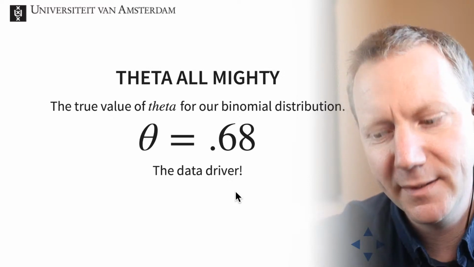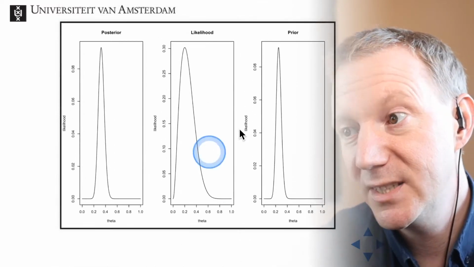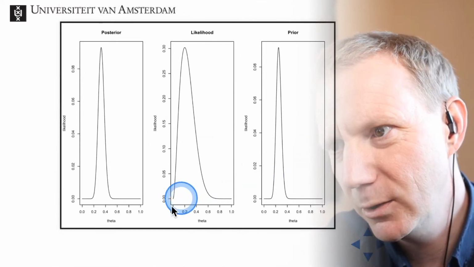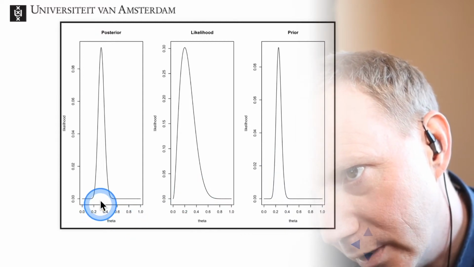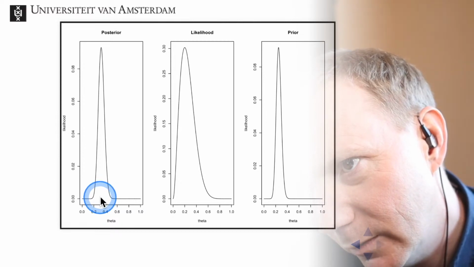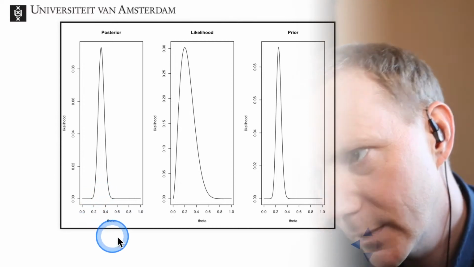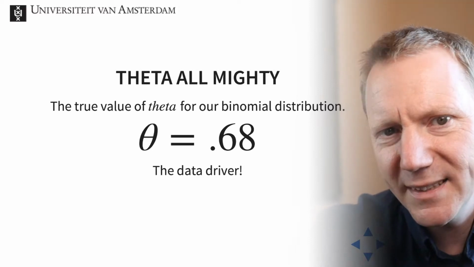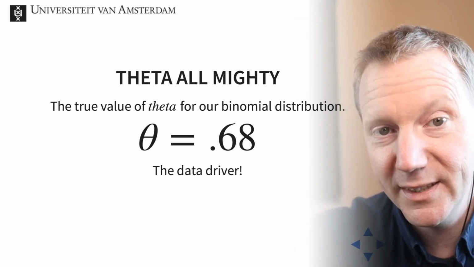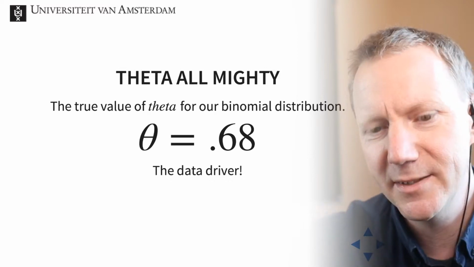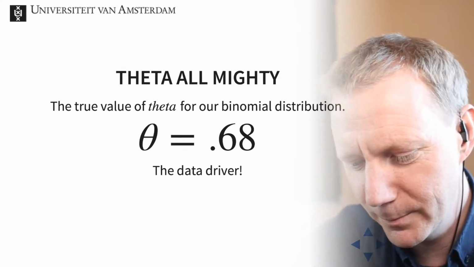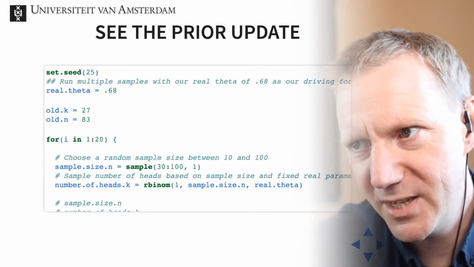I now updated this based on our single run of the experiment, and it's now, I think, somewhere between 25 and 30. But in reality, which we of course don't know, in the simulation I can do this. I say it's 68. Totally arbitrary. So that's what we actually don't know, this one. Yeah, exactly. Okay, I see.